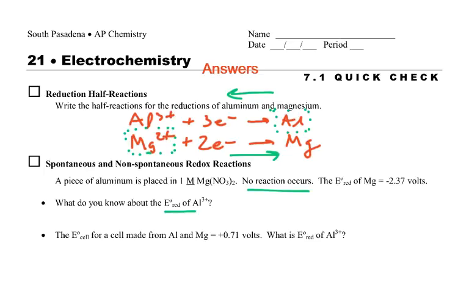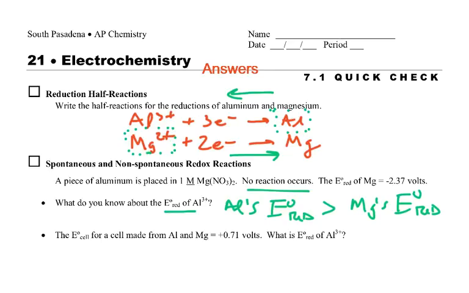So what do I know about the reduction? I know that aluminum's reduction potential is greater than magnesium's reduction potential.